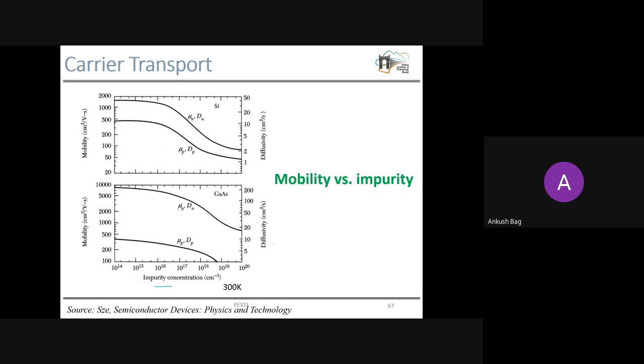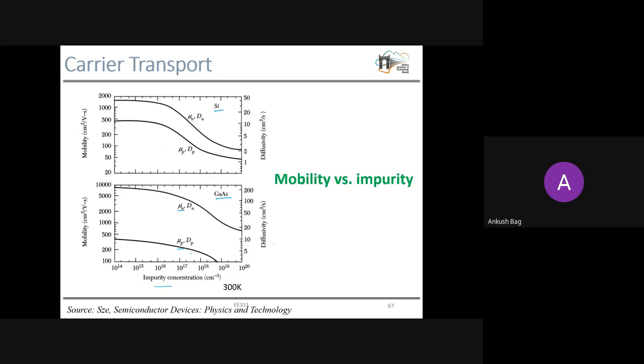This is in case of electrons, and this is in case of holes. Hole mobility is typically lower than the electron mobility. Similarly, this is in case of silicon, and this is in case of gallium arsenide. So the overall observation from these two figures is that if we increase the doping level, the mobility will decrease.